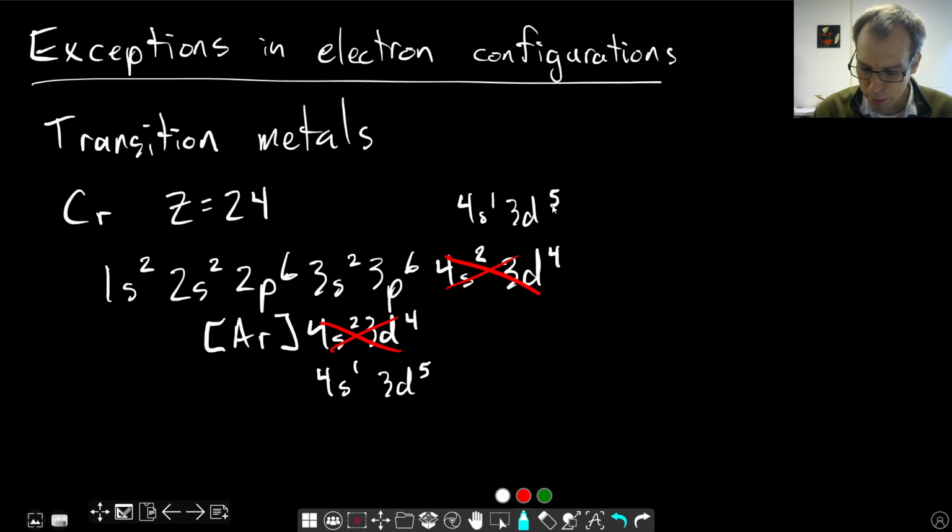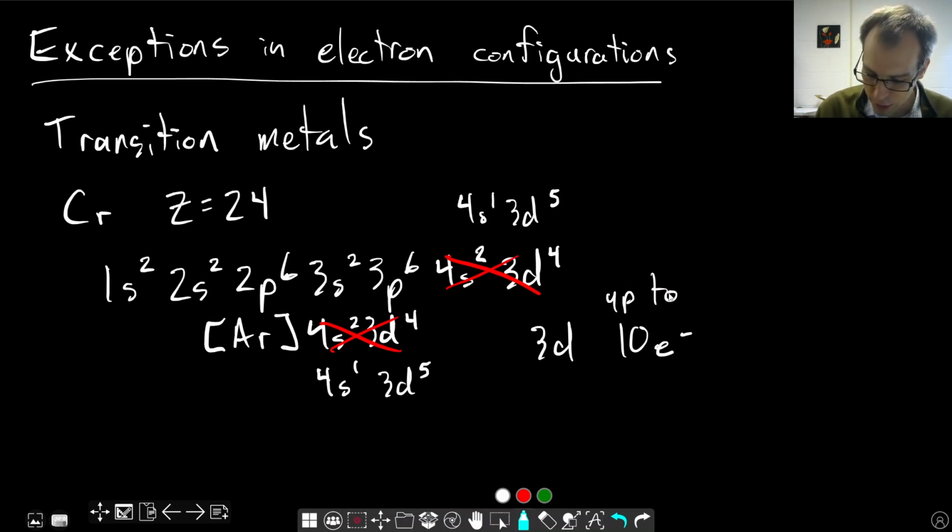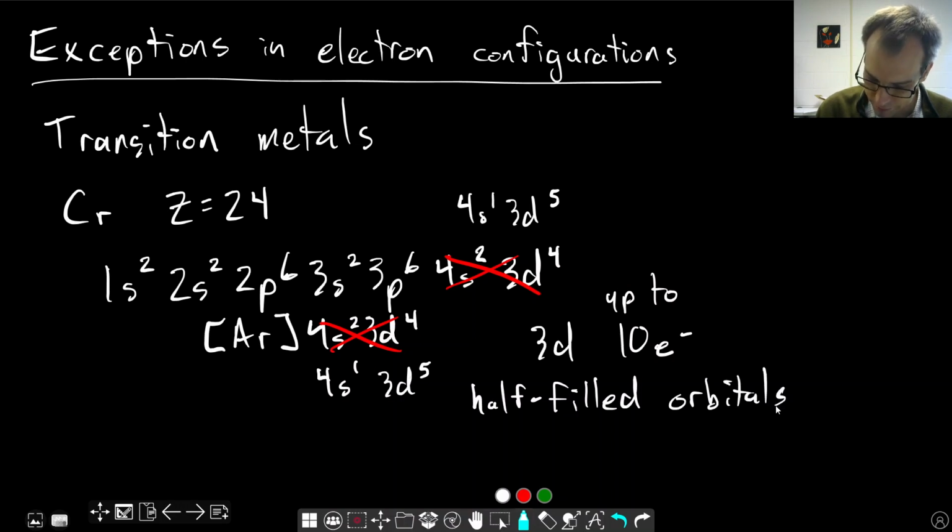Well, the 3d orbitals can fit up to 10 electrons. And there are a couple of arrangements of electrons that tend to have a slightly lower energy and are more favored. Half-filled orbitals tend to be a little bit more energetically favored, and so do completely full orbitals.